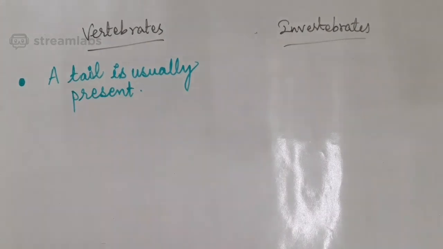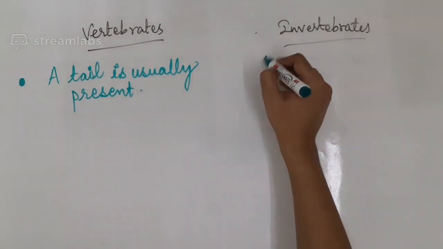Tail is the portion which extends from the neck to the posterior part of the body. It is usually present in the vertebrates, and tail is absent in invertebrates.